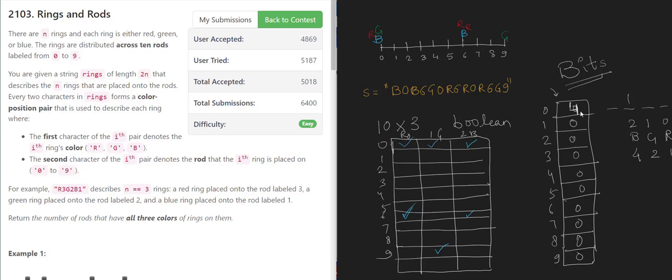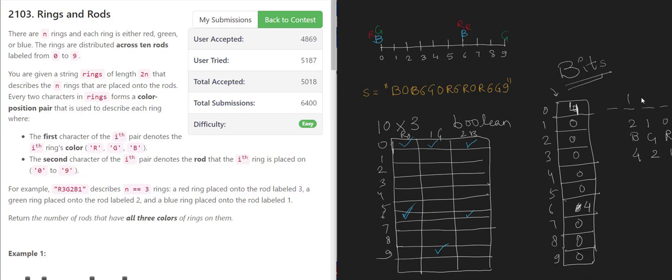Whenever I see B, I'll do this. Then we come to B6, go to the 6th position and do a bitwise OR with 4. So we are just marking bit number 2 in this integer. The reason we use bit positions is because B should mark a separate bit, G should mark a separate bit, and R should mark a separate bit.